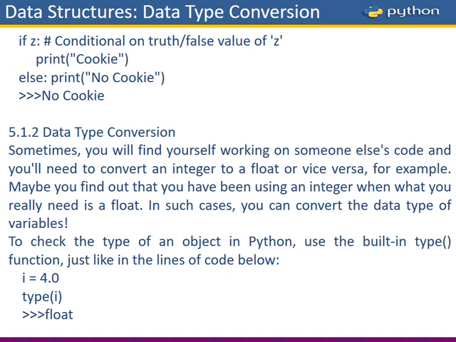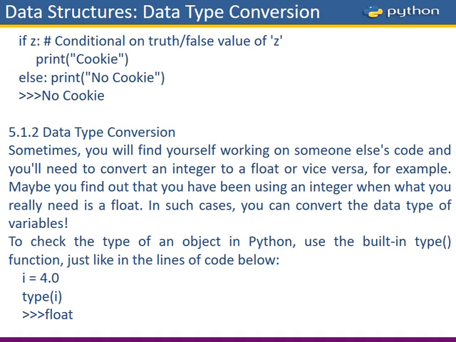Maybe you have been using an integer when what you really need is a float. In such a case, there is a need for you to convert the data type of the variables you have been using to another data type.